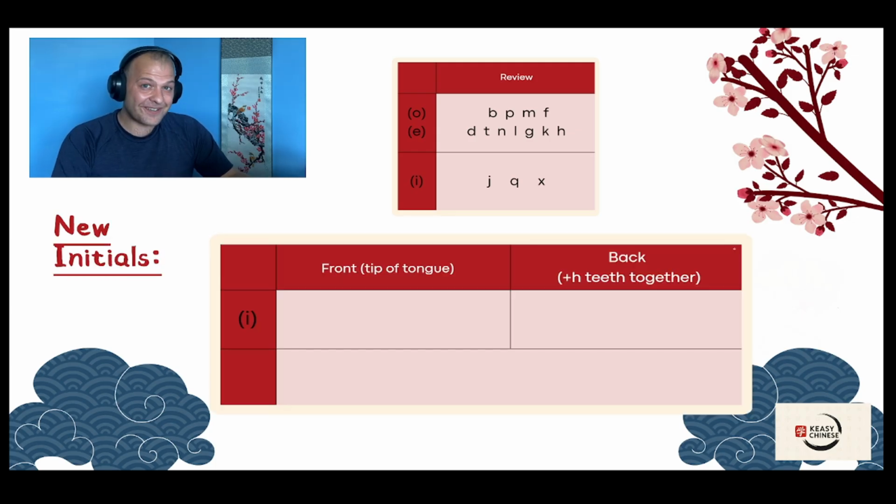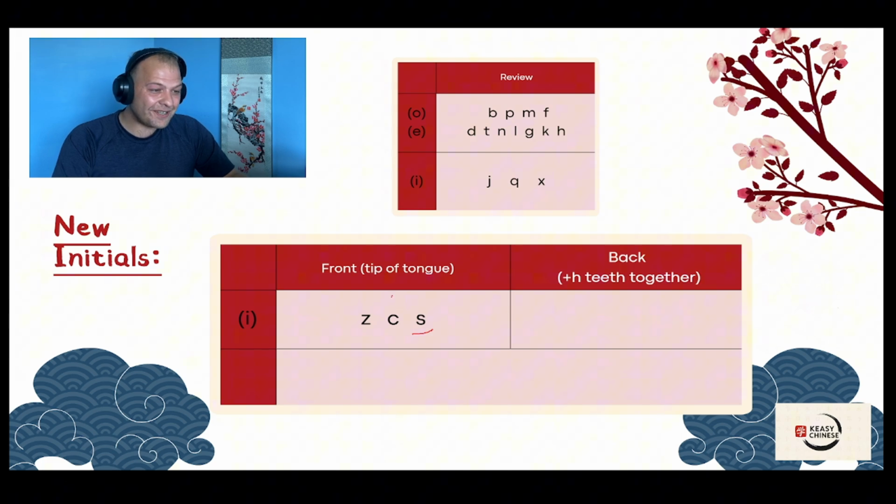And now we have our new initials for today. Here we go. So first, I've written some notes at the top here to kind of give us a little reference of where to start. The first set, z, c, s. Fortunately, the S is very similar to English, but the Z and the C is very, very different.